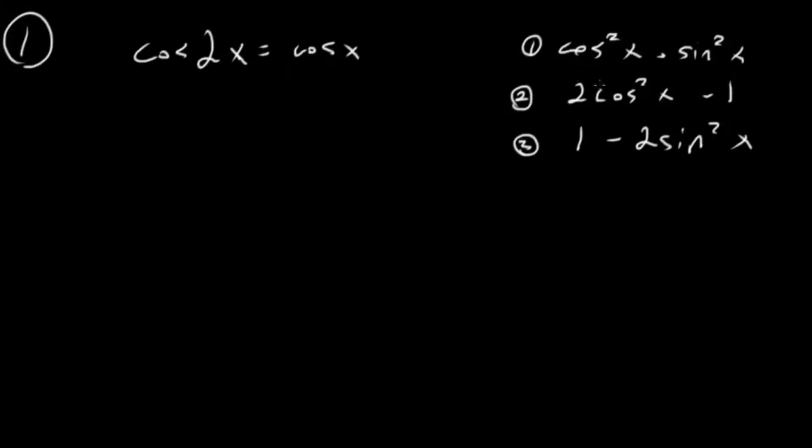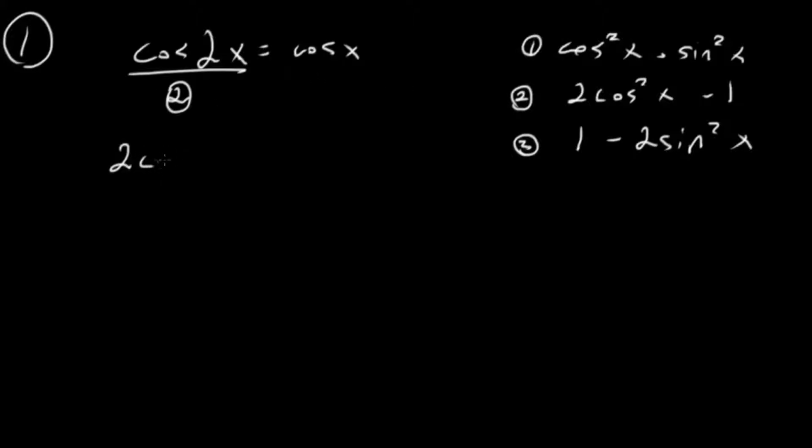Because if we use this one, we have a problem with just cosine x in it. We have a cosine squared x, a cosine x. If we use 1 or 3, we'll be having to deal with some sine squared x. And then that will involve the Pythagorean identity, which will take us to number 2 anyways. So let's go ahead and turn cosine 2x into equation number 2.